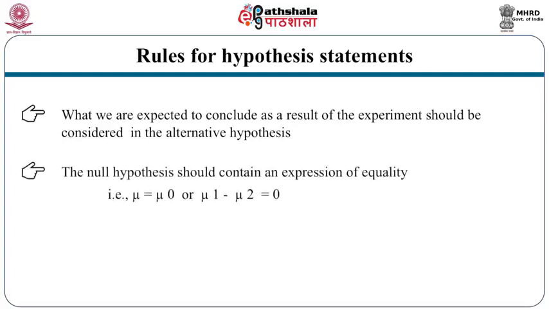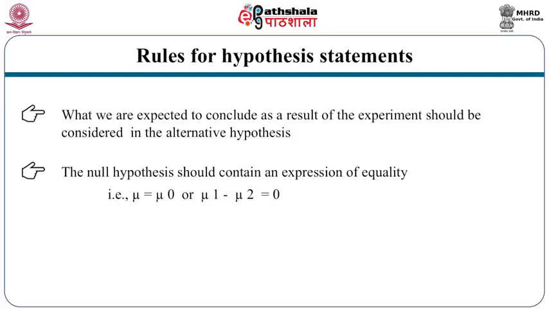The null hypothesis should contain an expression of equality. For example, we say mu is equal to mu naught or mu 1 minus mu 2 is equal to 0. Here mu is the average of the population, and for mu naught we assume a certain value.